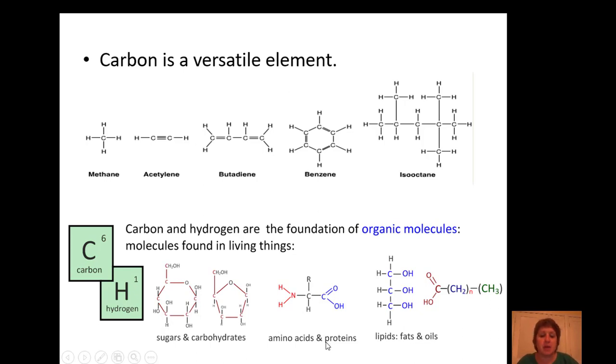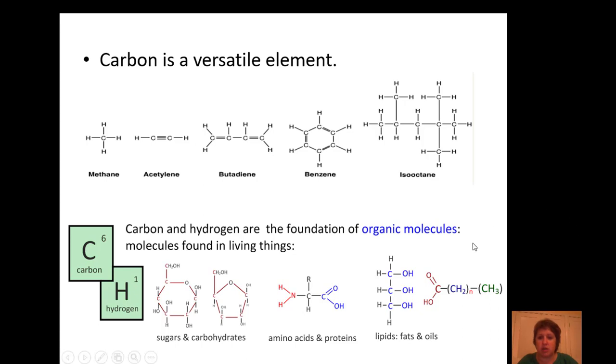Proteins, which are made up of amino acids, have a very generalized structure where you have this amine group, which is a nitrogen with two hydrogens on the left side, a central carbon with this R group on top, and then on the right side is the carboxyl group, where you have a double bonded oxygen and an OH group off of the carbon. And then lipids are typically a linear structure, but they can be saturated or unsaturated, and we'll talk about that in a minute.